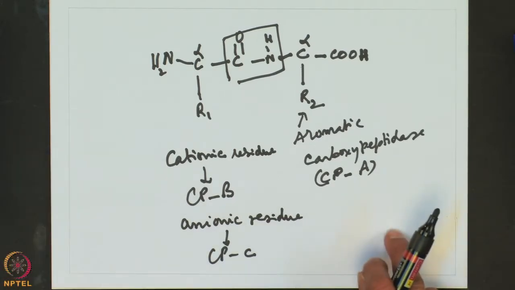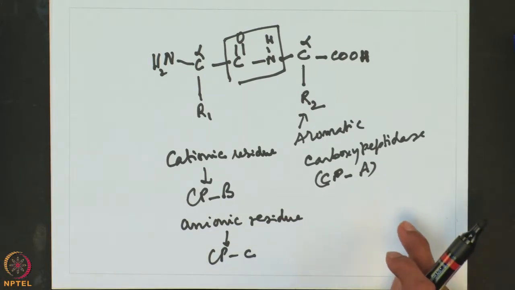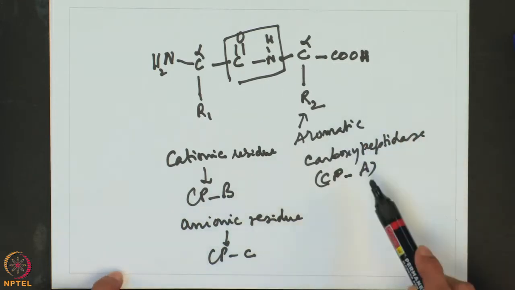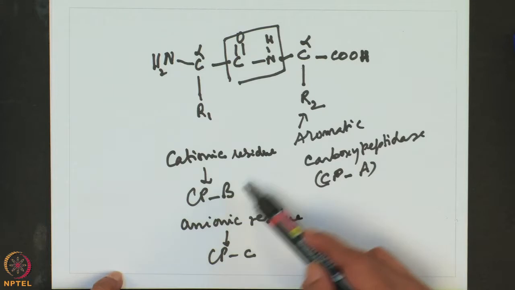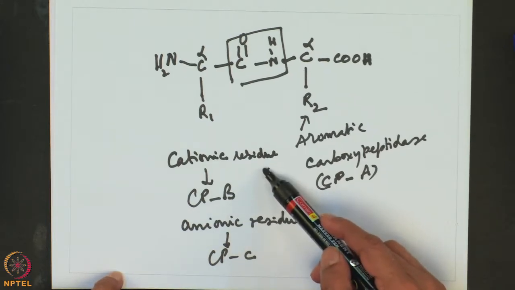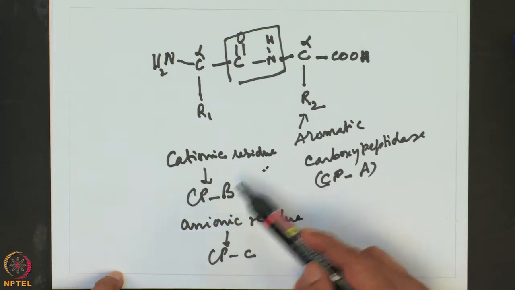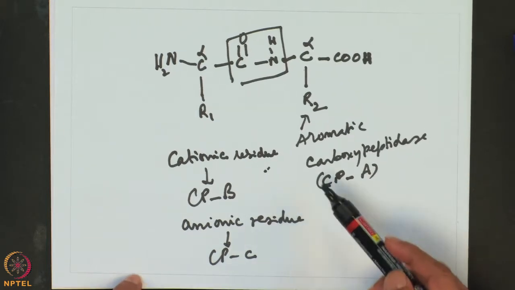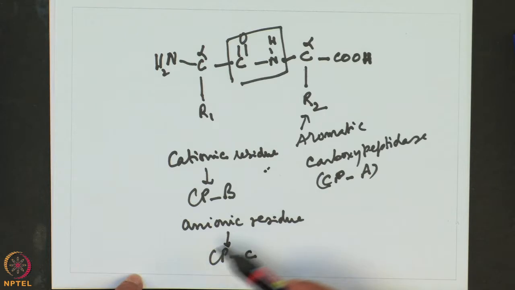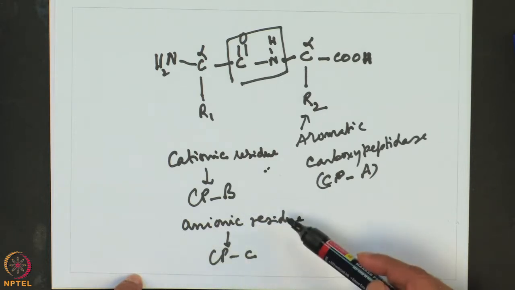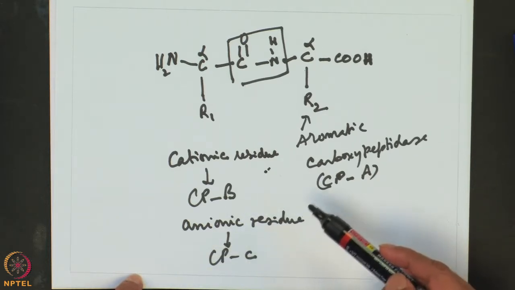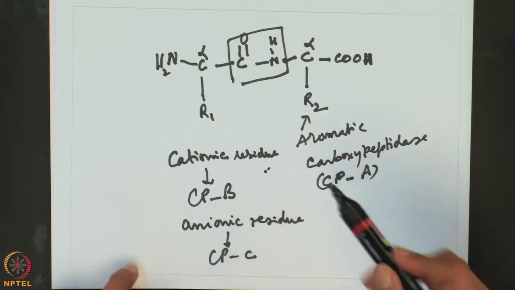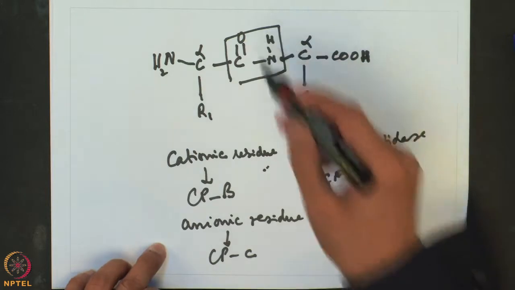So, carboxypeptidase which can cleave the C terminal, if there is an aromatic it is called carboxypeptidase A, and if you have a cationic residue at the carboxyl terminal, then it will be carboxypeptidase B, and if it can cleave in a peptide bond where you have an anionic residue in the neighbor of this particular peptide bond, then it is carboxypeptidase C.